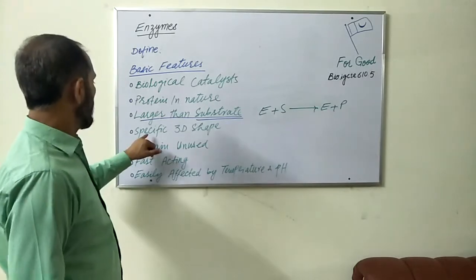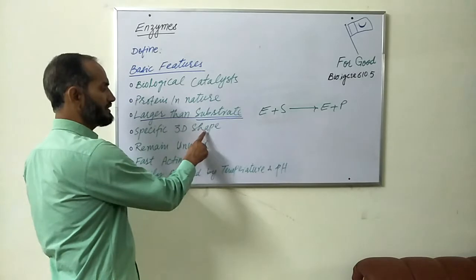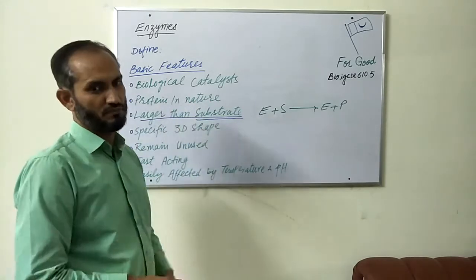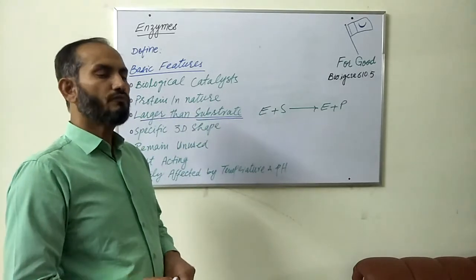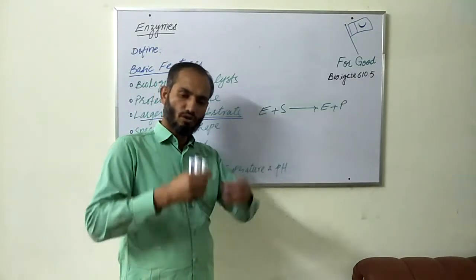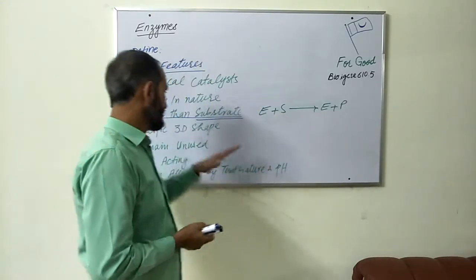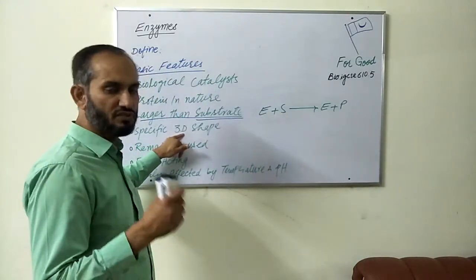Okay, another feature is that enzymes have specific 3D shape, three-directional shape. If we look at the molecular structure of some enzyme, they are not like linear chains. They are not like fibers. Rather, they are of specific 3D shape.